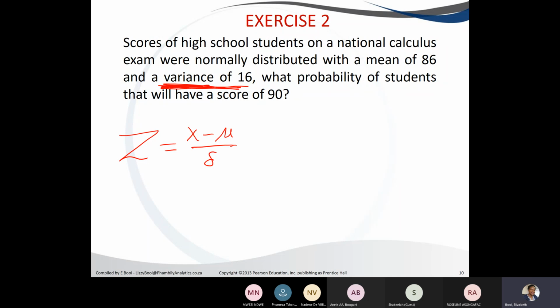Therefore, you need to know that your standard deviation is the square root of your variance. We learned this in chapter 3. So you need to know that. You cannot substitute the value of the variance into the formula. That is your exercise. And it's 2 minutes because it's so easy.